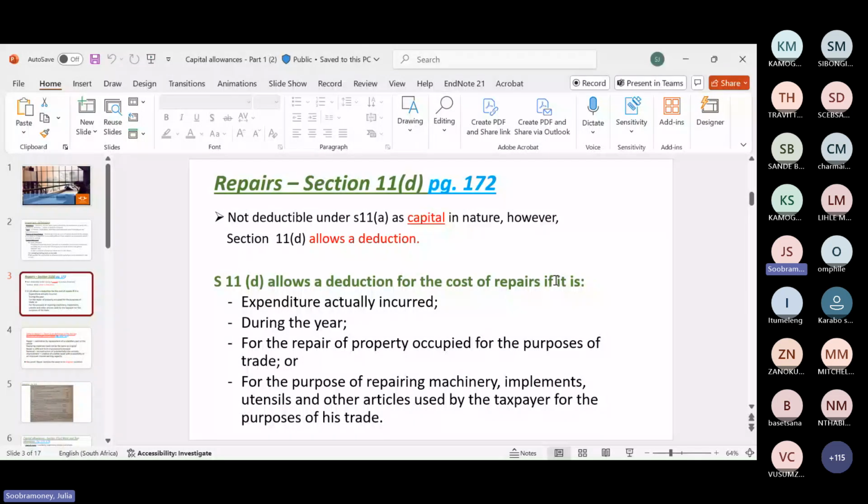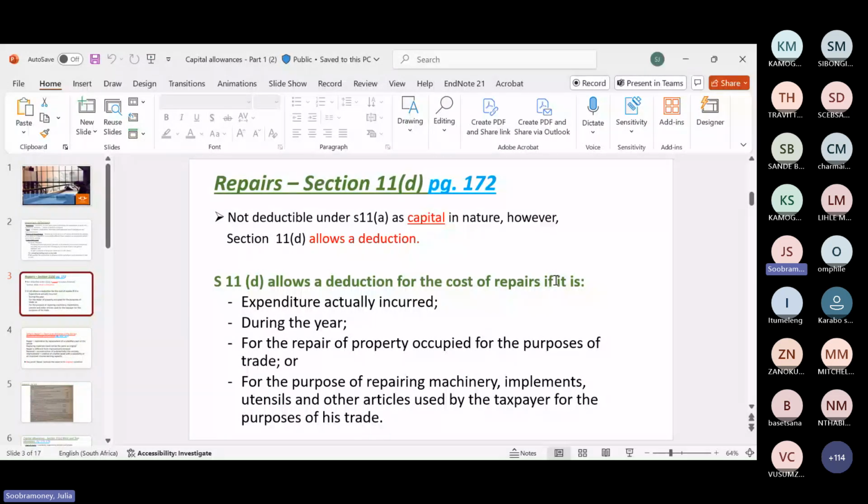So repairs will be deducted under Section 11(d), but whenever there are deductions, there must always be requirements. When you do gross income, literally everything is included; the only thing that's not included is something that's capital. But when we want a deduction from SARS, there are always extra requirements, so they try and avoid people just deducting anything they want. That's why there are a lot of requirements.